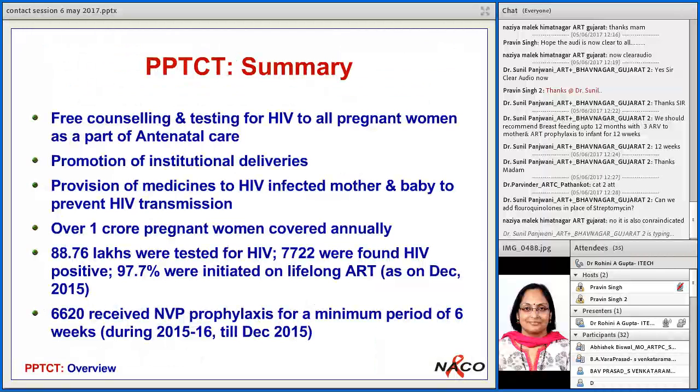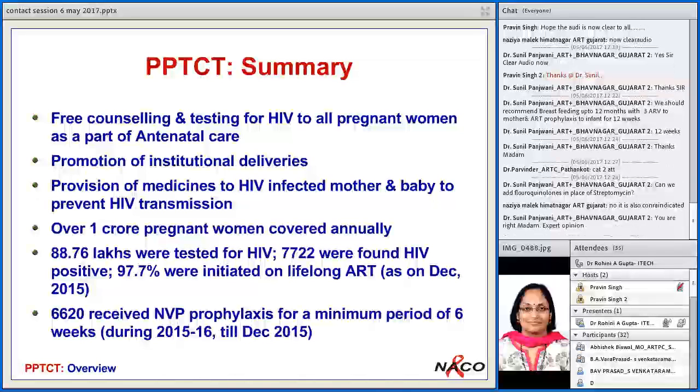So, just a summary of PPTCT: free counseling and testing for HIV to all pregnant women as part of antenatal care, promotion of institutional deliveries, and provision of medicines to the HIV-infected mother and baby to prevent HIV transmission.